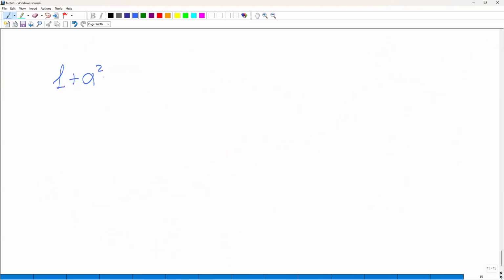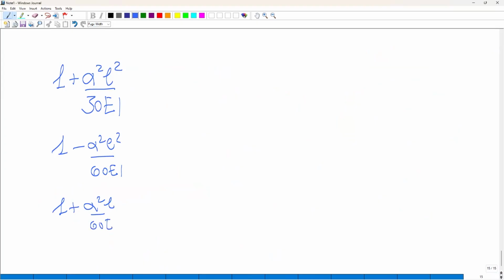Let's say that we have this function here, and then we have the others, which are 1 minus alpha squared by 60, 1 plus alpha squared by 60, 1 plus alpha squared by 10.